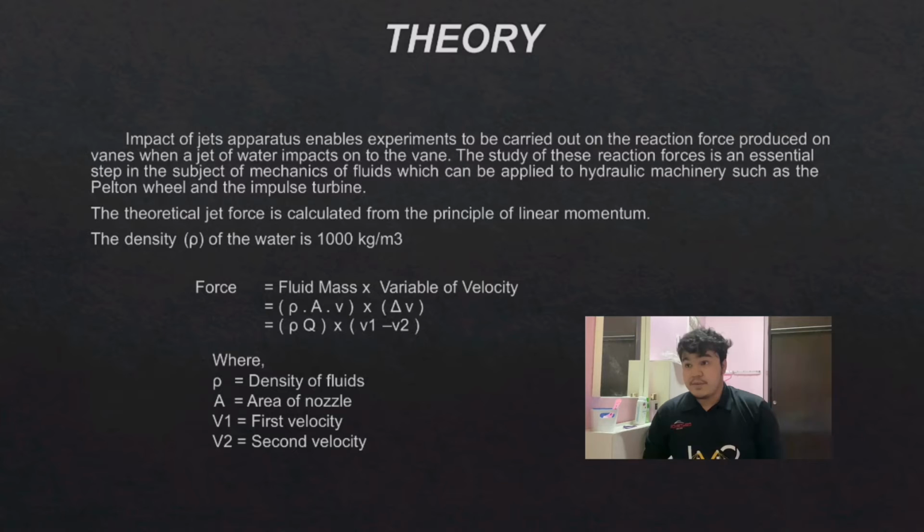The impact of jet apparatus enables experiments to be carried out on the reaction force produced on vanes when a jet of water impacts onto the vane. The study of these reaction forces is an essential step in the subject of mechanics of fluids, which can be applied to hydraulic machinery such as the Pelton wheel and the impulse turbine.